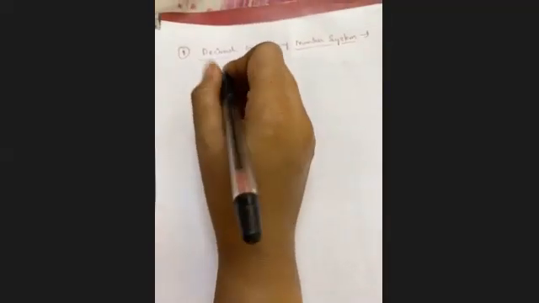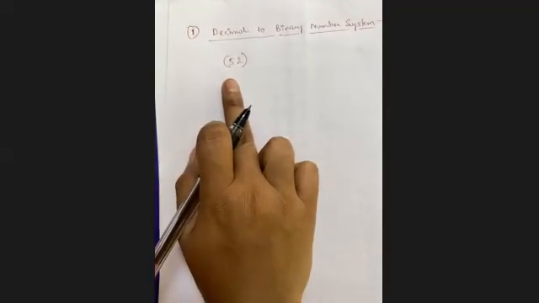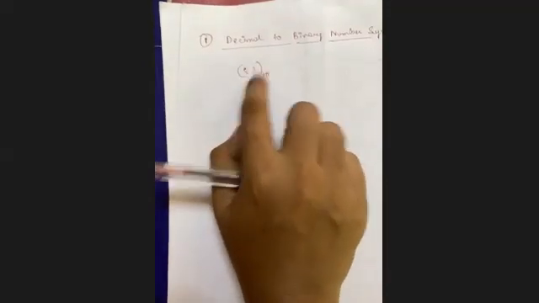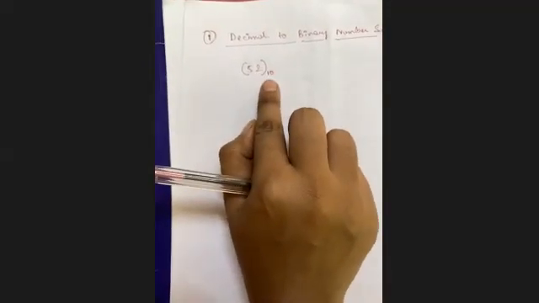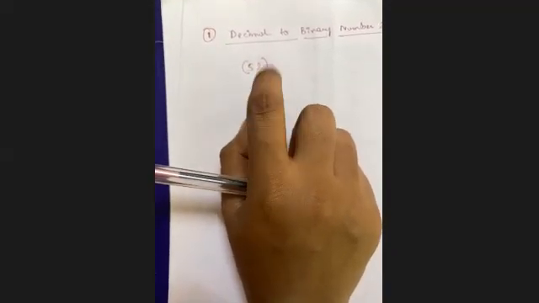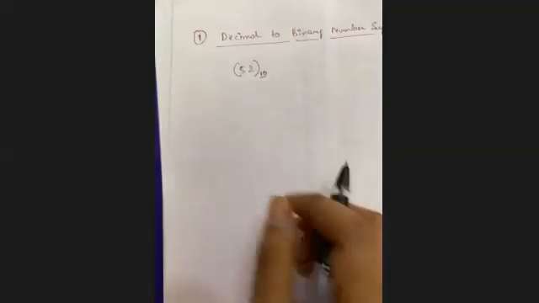So suppose I have given you 52. 52 is a normal number. Normal number means it is in decimal number system form. Here I have put 10. Why 10? If it is written like 52 base 10, you will automatically understand this number is in the form of decimal number system because here the base is 10. In each number system, numbers are represented with the base of the number system, so you can get a clear idea which number system the number is in.